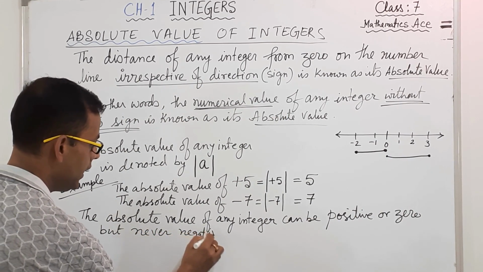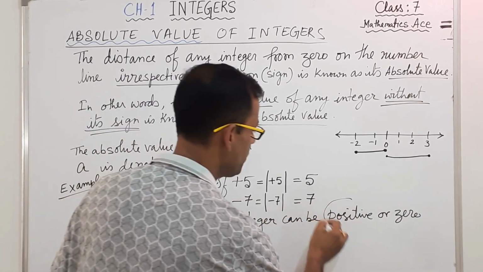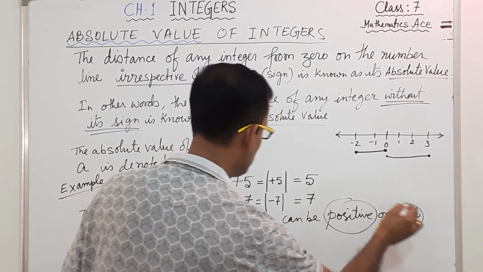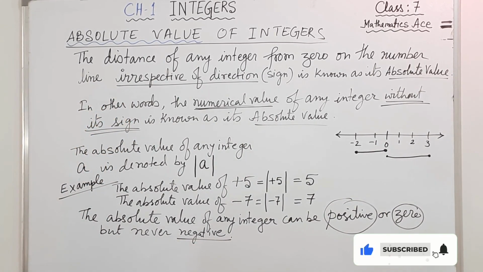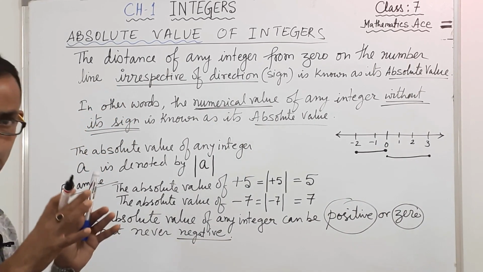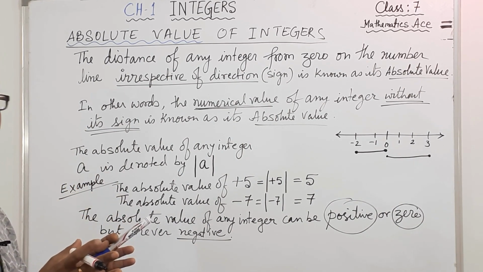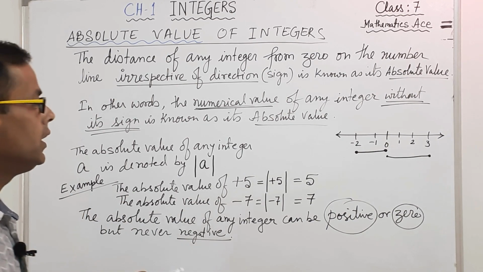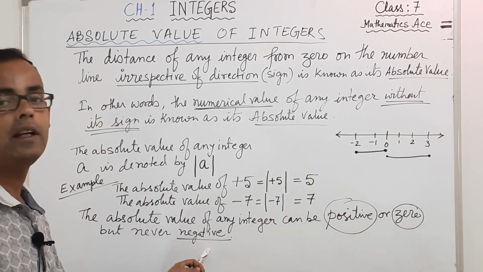It cannot be negative. The absolute value of any integer can be positive, can be 0 also, but cannot be negative. Clear? If you take 2, 3 more integers and find the absolute value, it can be positive also, 0 also, but it cannot be negative.